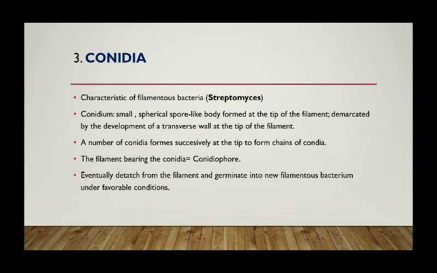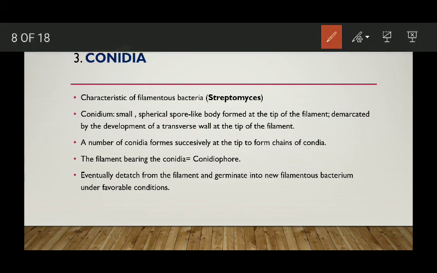One more mode of asexual reproduction in bacteria is conidia formation. Conidia formation is characteristic of filamentous bacteria. Remember this: conidia specifically form in filamentous bacteria, whose bodies are filamentous like fungi.